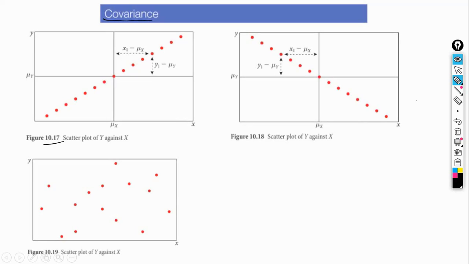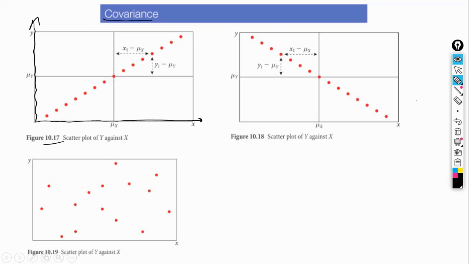Now the first thing you need to notice is that this line here is the x-axis, and this other line here is the y-axis. Then you also have two different lines that intersect each other at this point here. Now, what do these lines represent?